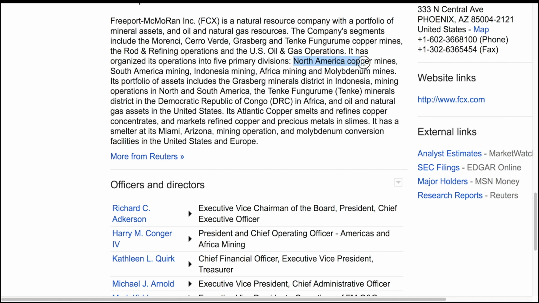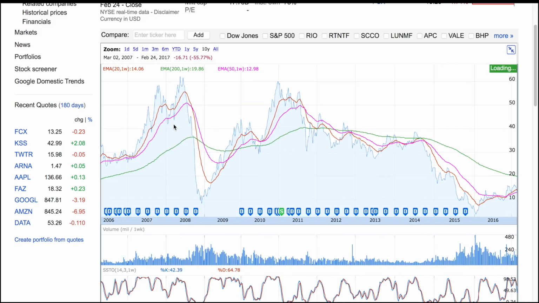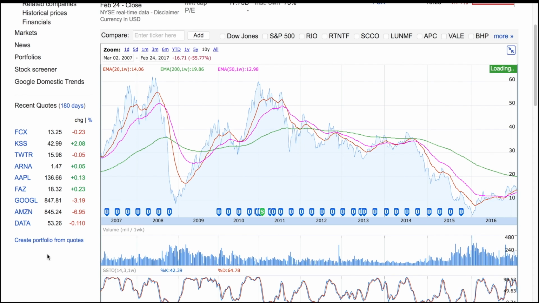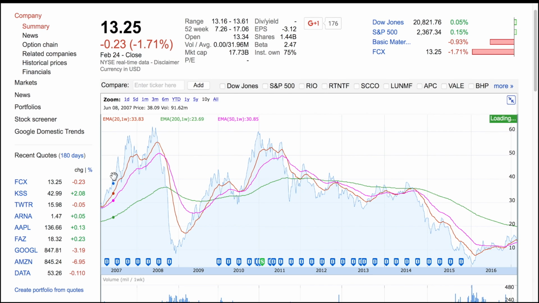They have North America copper mines, South America mining, Indonesia mining, Africa mining, and molybdenum mines. If you look at its stock price over the last few years, in fact the last 10 years, you'll see there is a lot of fluctuation. It went up, and then from 60 it fell to below 10 during the previous recession, and then again rose to almost 60 and then gradually fell.